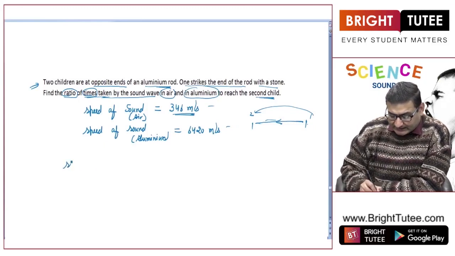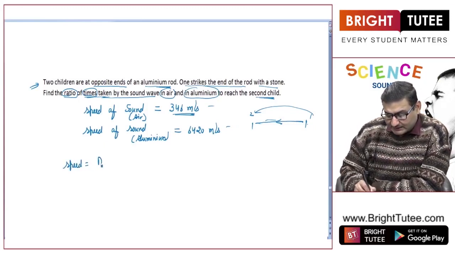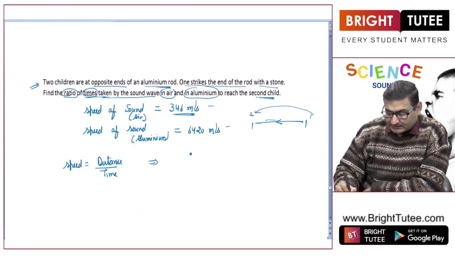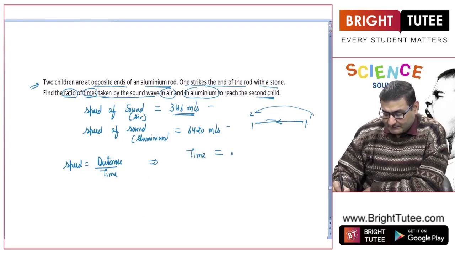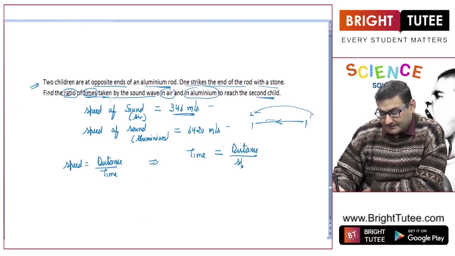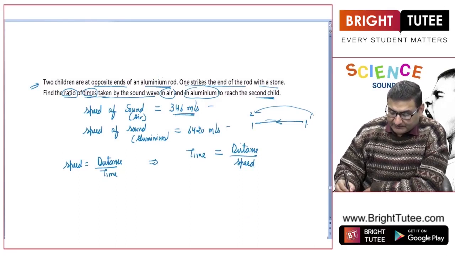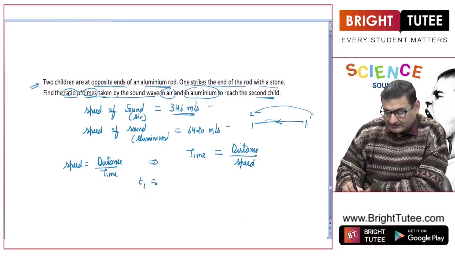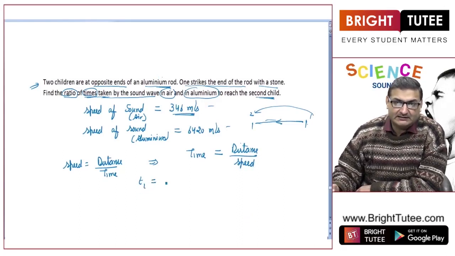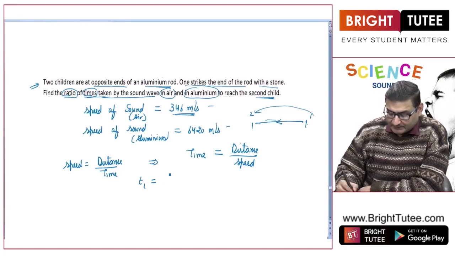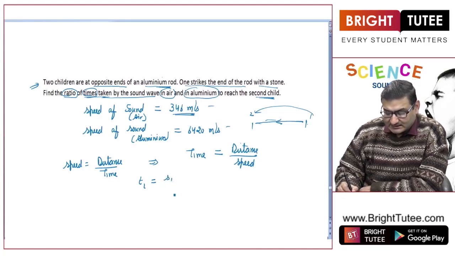Now, we know that the formula for speed is equal to distance upon time. So, the time is equal to distance upon speed. For air, let T1 be the time taken by the sound to travel through air, which will be equal to distance S1 divided by speed V1.